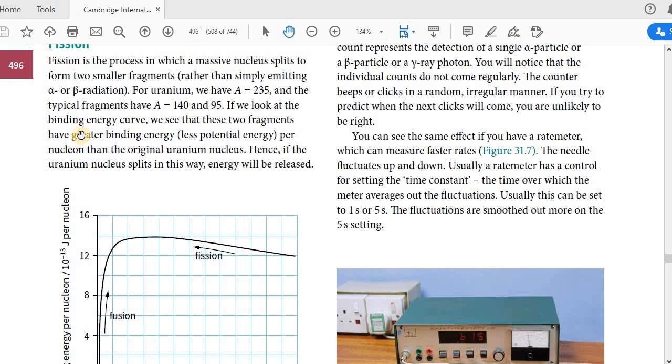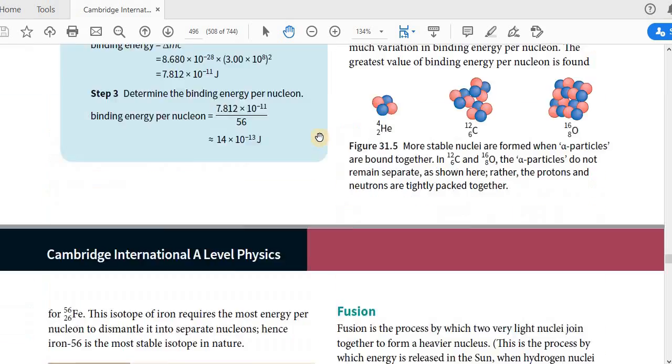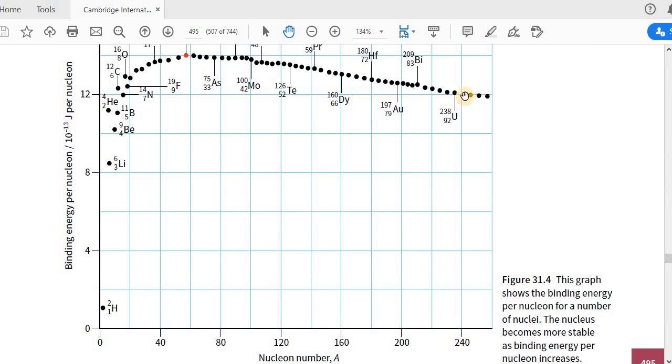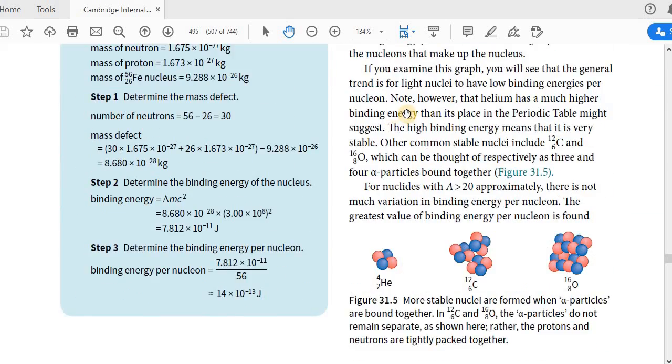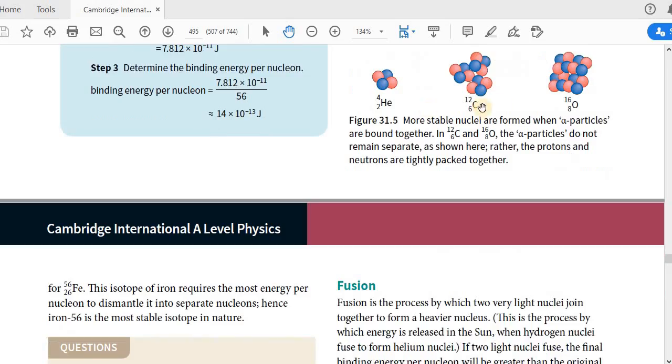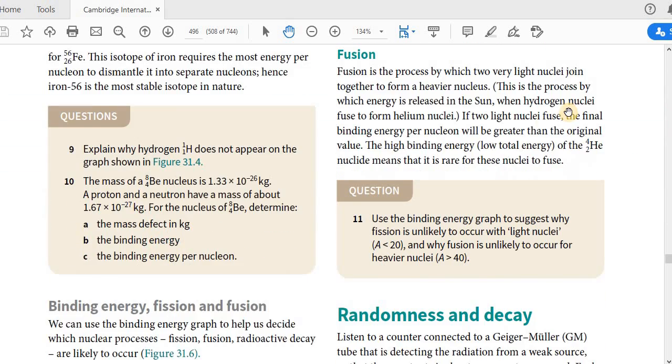If we look at the binding energy curve, we see that these two fragments have greater binding energy, less potential energy per nucleon than the original uranium nucleus. So uranium is somewhere there. If you look at the graph here, it's 235. So somewhere there, uranium 238, 235, they are isotopes. Anyway, both of these isotopes are down on the right side.